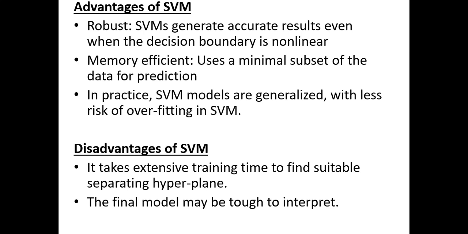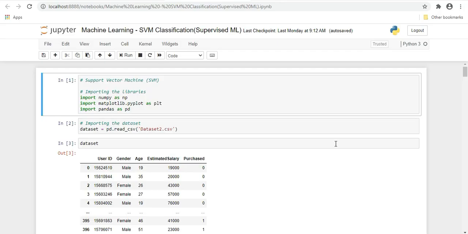Now we will see how we can implement it in Python. On this part we have imported all the libraries, like import numpy as np, import matplotlib.pyplot as plt, import pandas as pd.